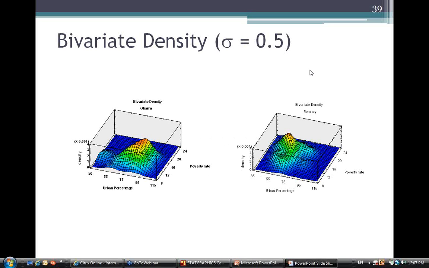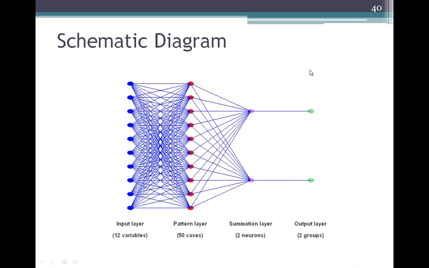Now, I should also make a point about why this is called a neural network. It's called a neural network because, at least in some sense, the way it processes data is similar to the way your brain processes data. There is an input layer, a pattern layer, a summation layer, and an output layer.